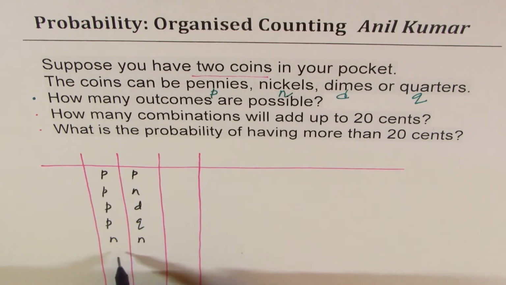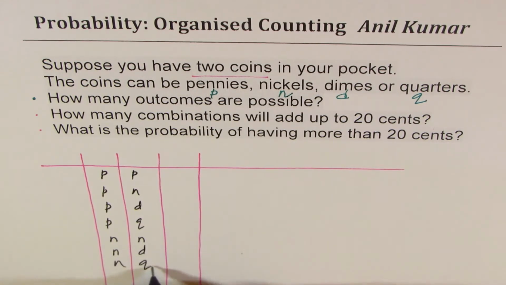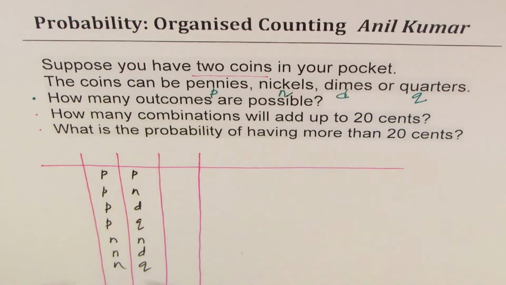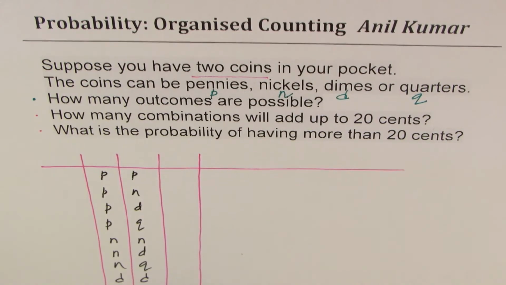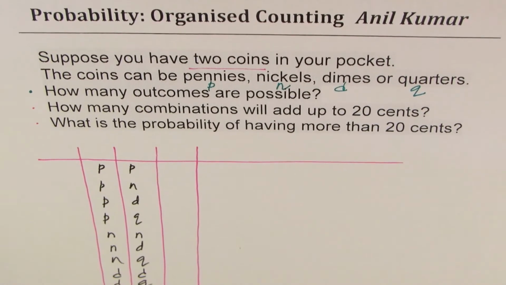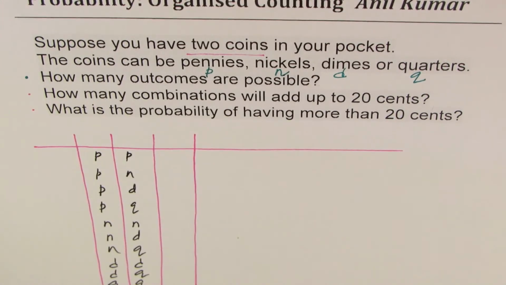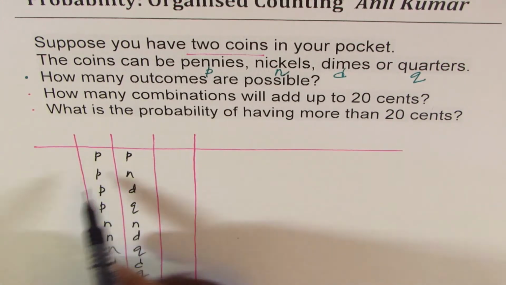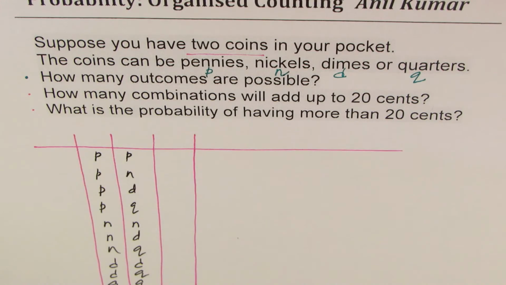So with nickels, we can have nickels, dimes, and quarters. And then with dimes, we could have dimes and quarters. And then with quarters, we have taken all of this, quarters and quarters. Let me push this a bit. I hope that is visible now. So those are the possible combinations of coins.